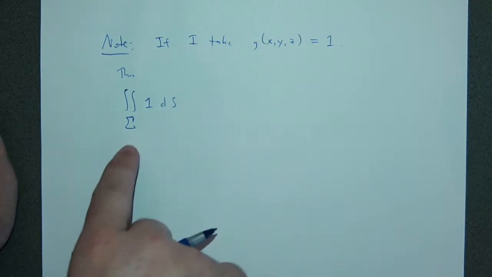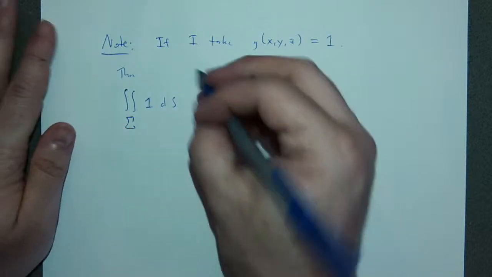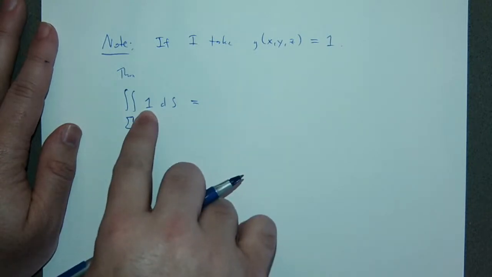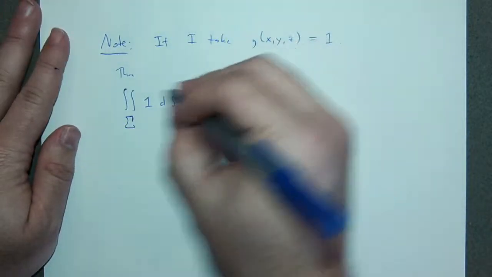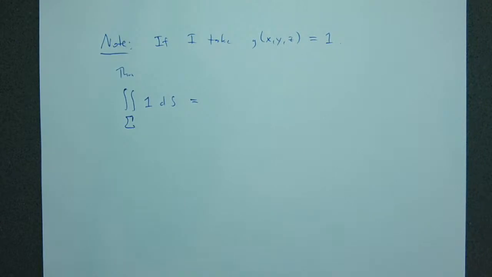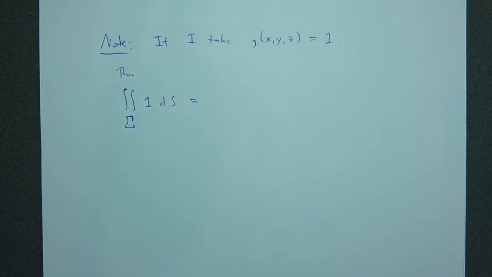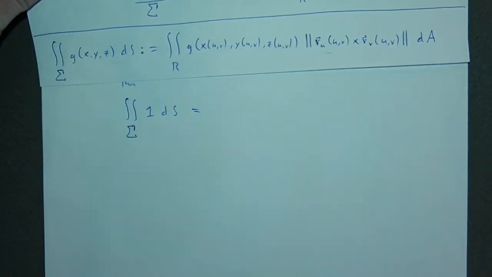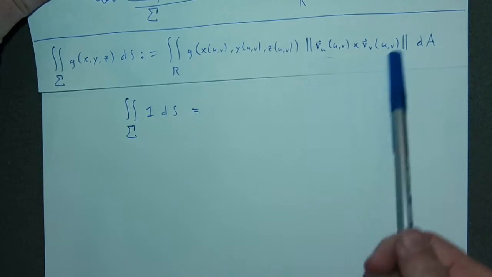Well, now whatever parameterization I have for sigma, I plug it into 1. Well, I don't need to do any plugging in at all, right? Because this is just a constant. So then what I notice is that just directly from the definition, let's go back one more time. Here's my definition for surface integral. Well, now this is just 1, right? So all that I'm left with is this expression.